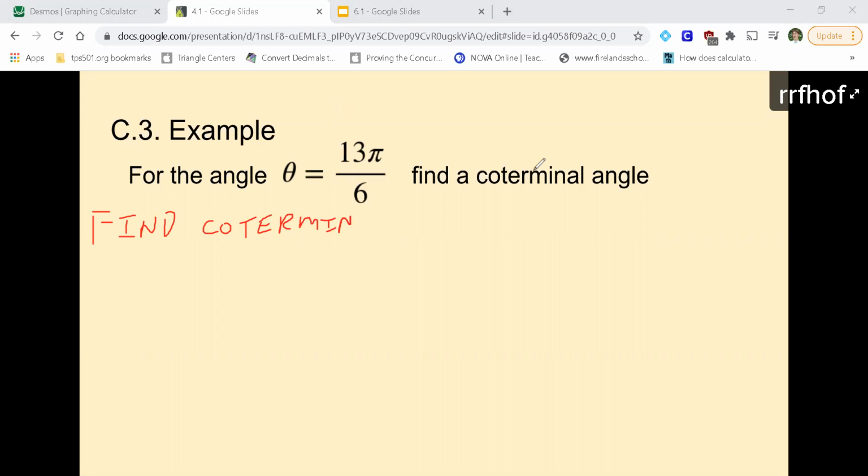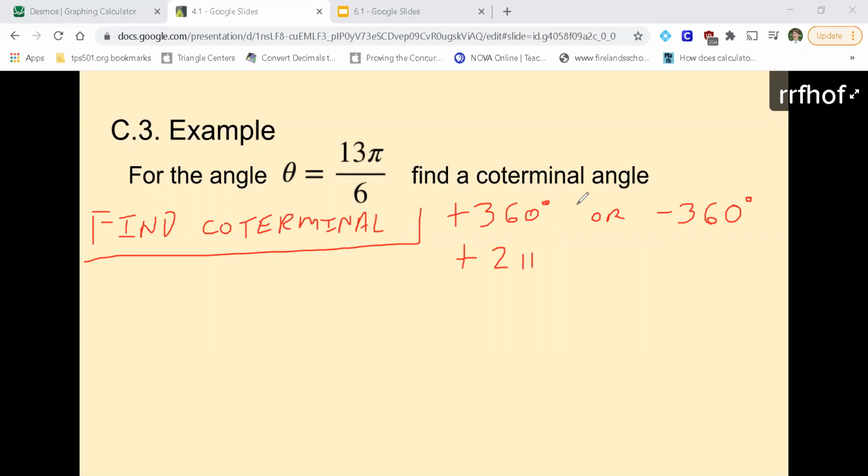In order to find a coterminal angle, you simply add 360 degrees or subtract 360 degrees. Again, if they don't give you anything specific, you get to pick. Now, my problem's in radians, so I don't really want to add degrees. I want to add 2 pi radians or negative 2 pi radians.